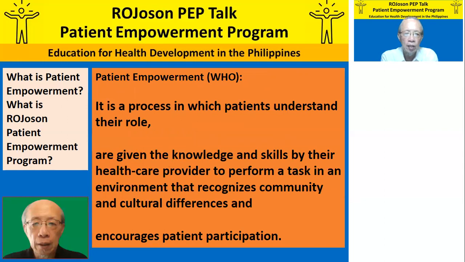It is a process in which patients understand their role, are given the knowledge and skills by their healthcare provider to perform a task in an environment that recognizes community and cultural differences and encourages patient participation.